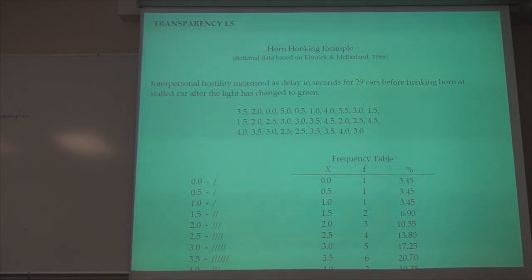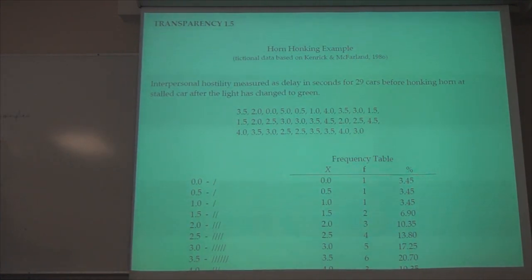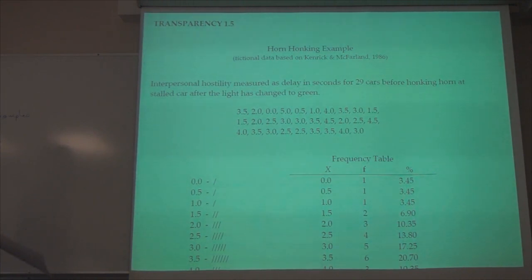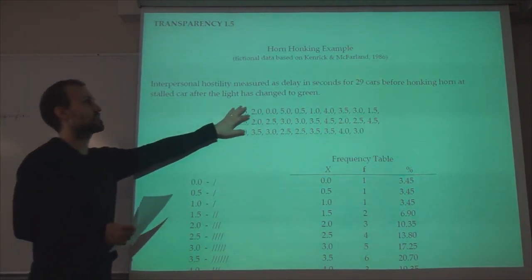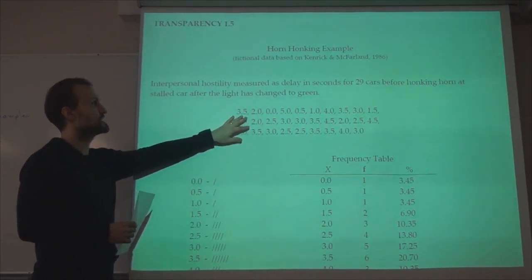So this example, horn honking example, where we measure how quickly people tend to honk at the driver in front of them if they don't move, sort of measured in seconds. So the results here are just made a little bit nicer.